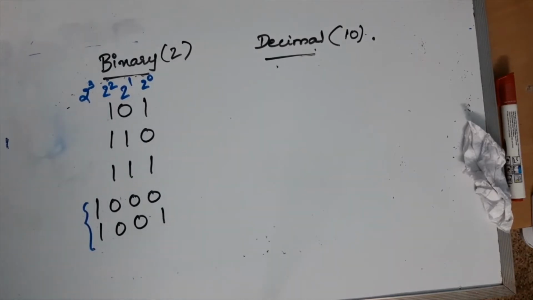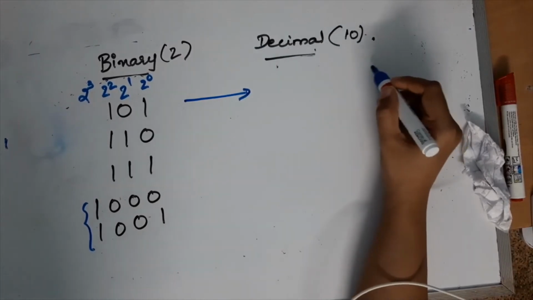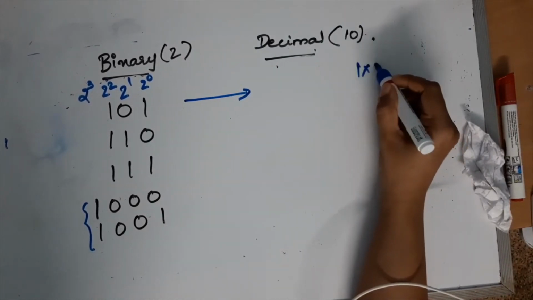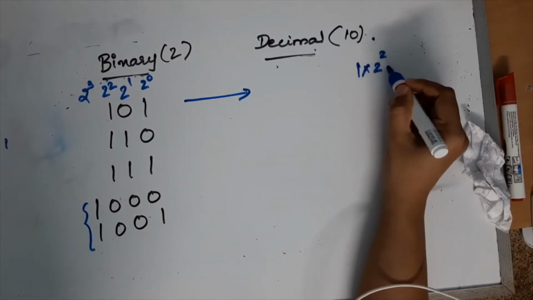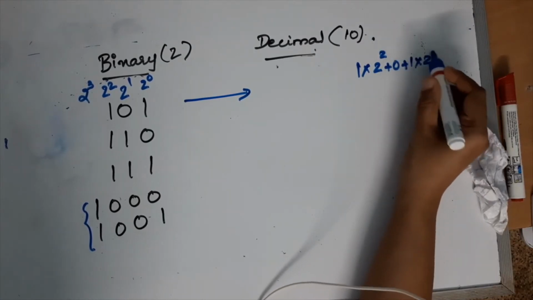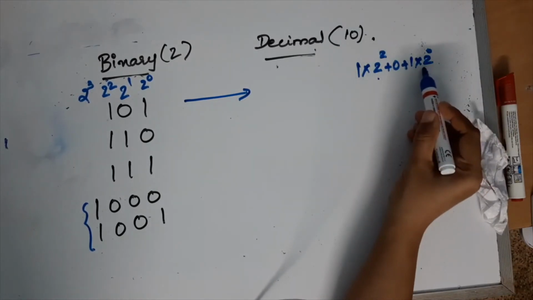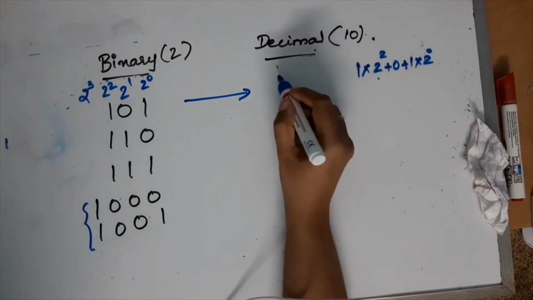Okay, so this will be 1 into 2 raised to 2 plus 0 plus 1 into 2 raised to 0. So that is 4 plus 1, that is 5.